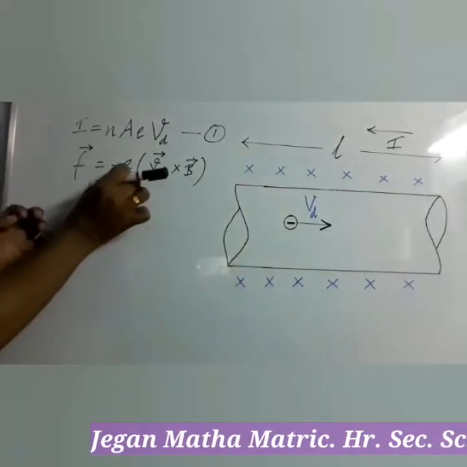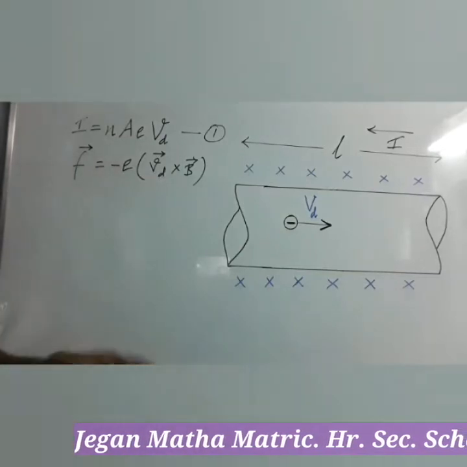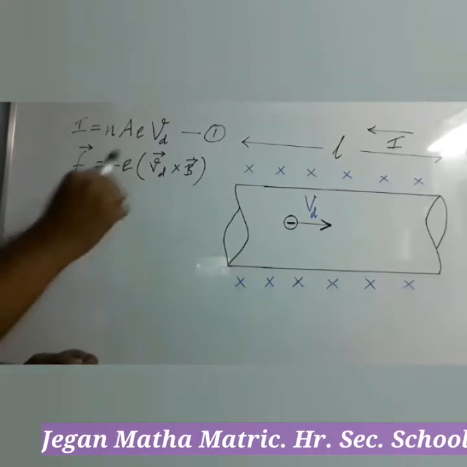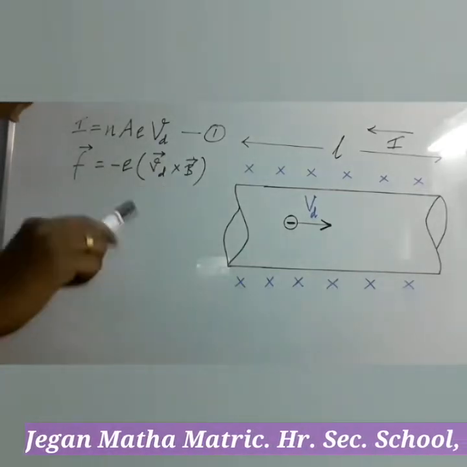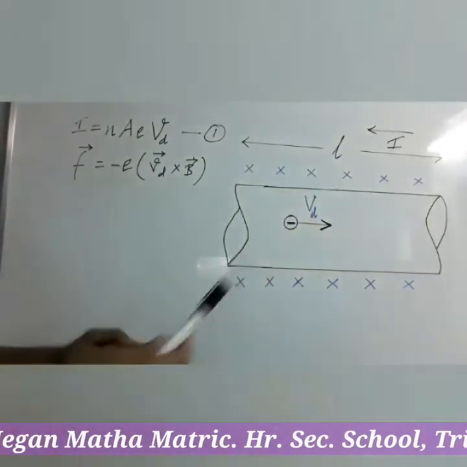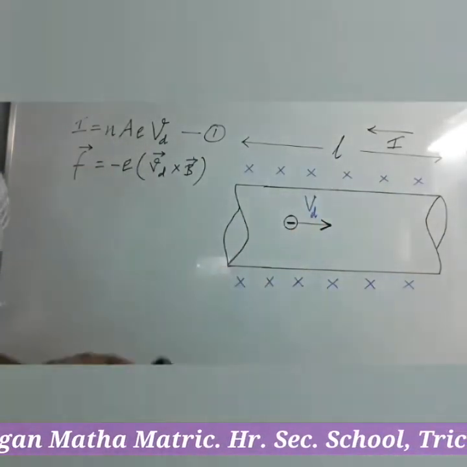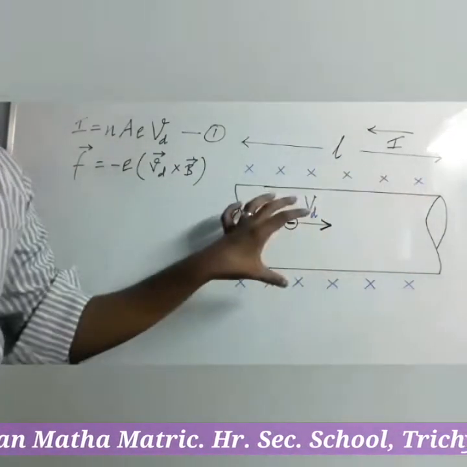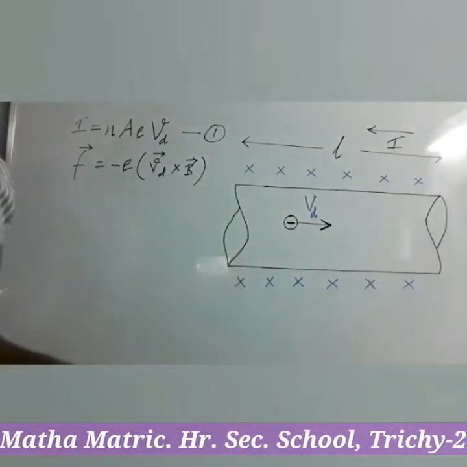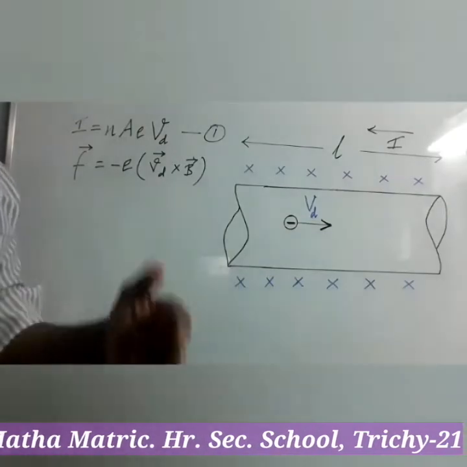Here minus e is the charge of a single electron. Now this force experienced by the single electron can be multiplied with the number of electrons in the conductor. Then you can find the total force experienced by the current carrying conductor in the magnetic field.